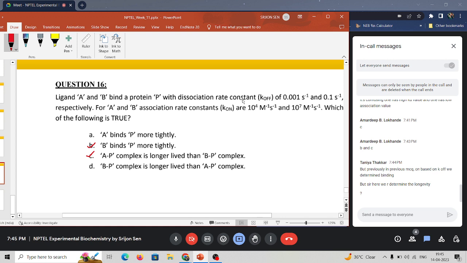Previously we could not make any comments on the K on and the K off, because the units were given in molar, and we could comment only on the rate constant values. But here we can comment because second inverse is given, where the time factor also plays a role in the dissociation and association rates.